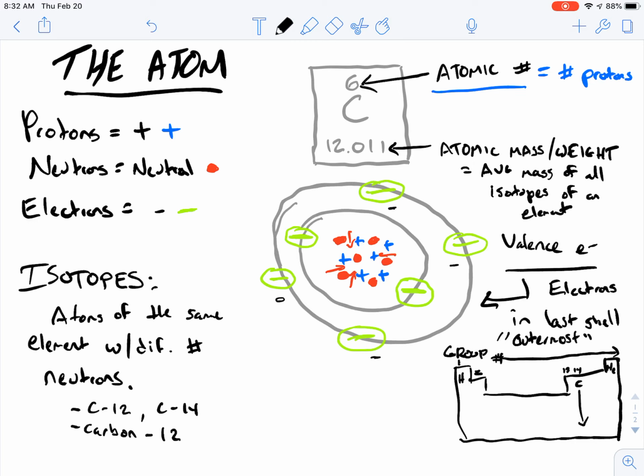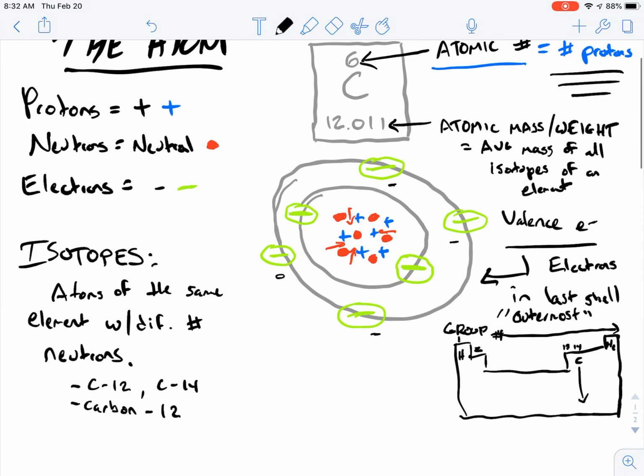They will always have the same number of protons, so all carbon atoms, because the atomic number is always the same for carbon, so all carbon atoms have 6 protons.